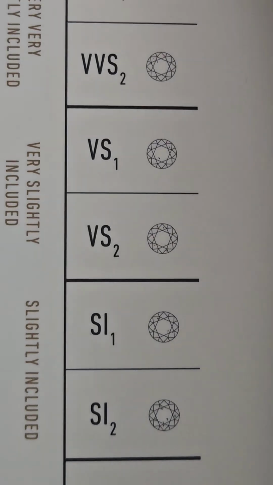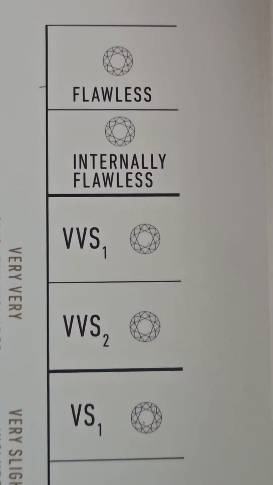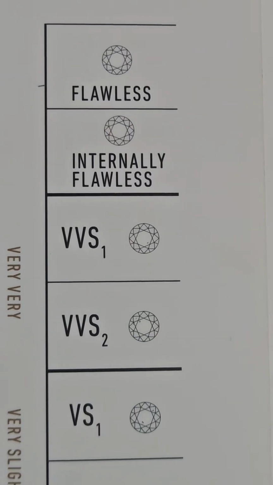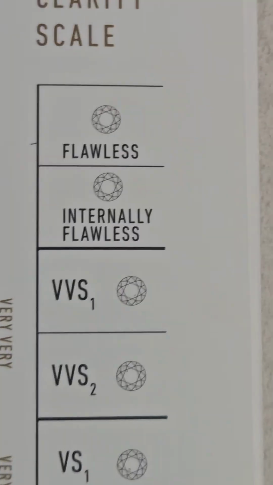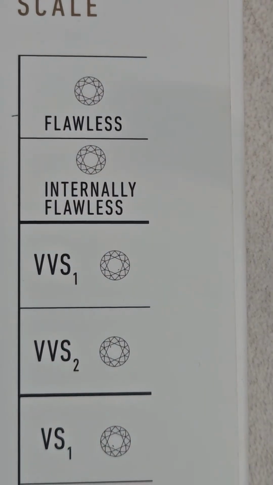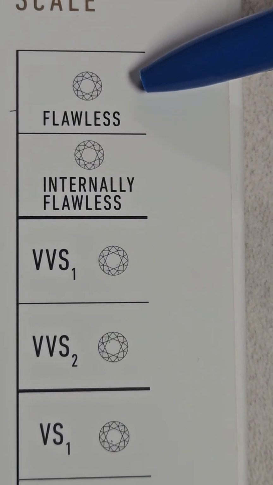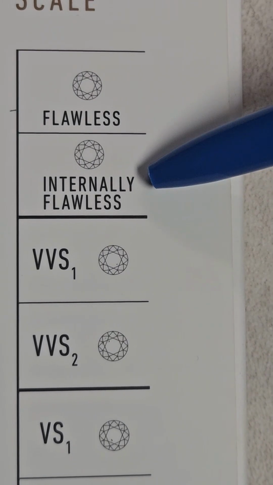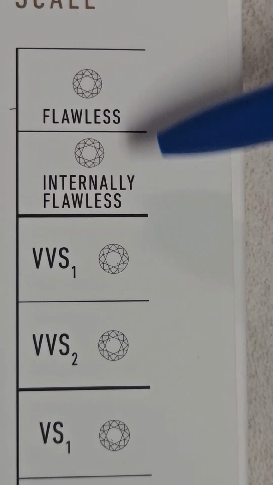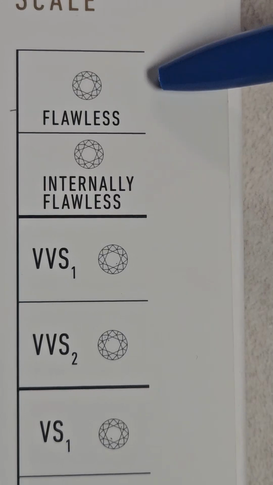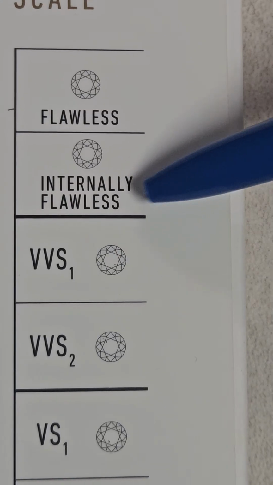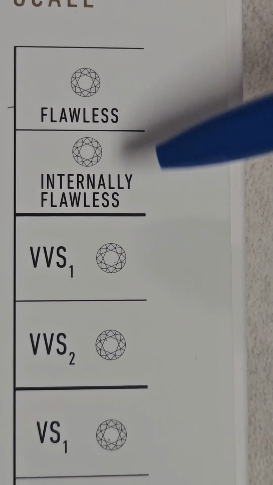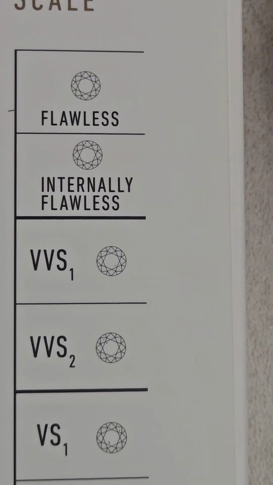Okay, so here's your scale over here. This is what we call mined diamonds or natural diamonds. They're built in the ground, not in a lab. The top category is flawless, and then you have internally flawless. There's two classifications of inclusions: if it's on the outside of the stone, it's called a blemish; if it's on the inside of the stone, it's called an inclusion. In, inclusion; out, blemish.